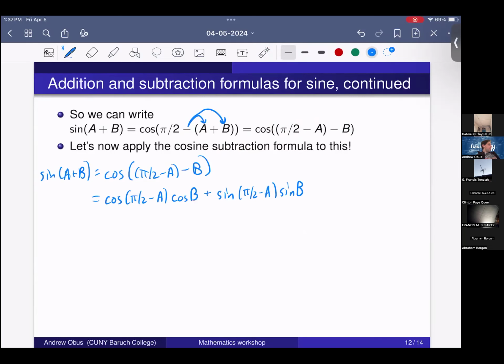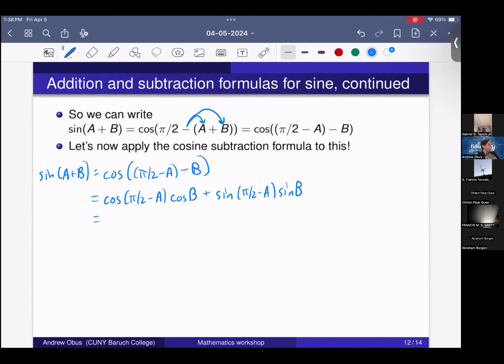Okay? And well, what is this? Well, cosine of pi over 2 minus a, we proved on the previous page, is sine of a. And then sine of a times cosine of b, that stays there, right? Remember, this cosine of pi over 2 minus a is the same thing as sine of a.